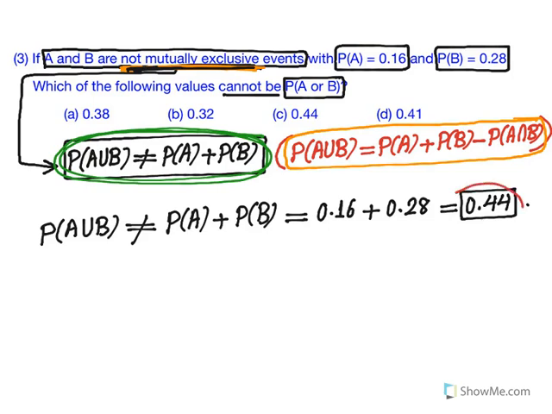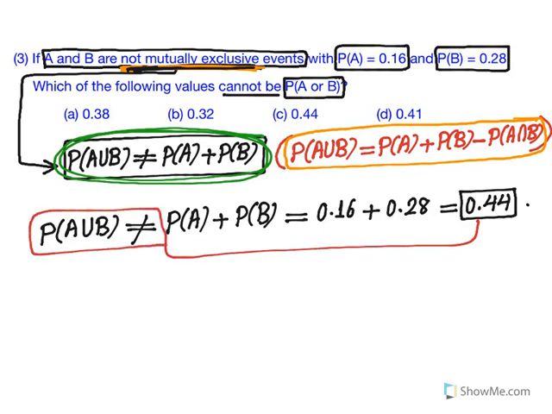This cannot be the probability of A or B, otherwise they would be mutually exclusive. So because we are given at the beginning they are not mutually exclusive, this rule here cannot be true.